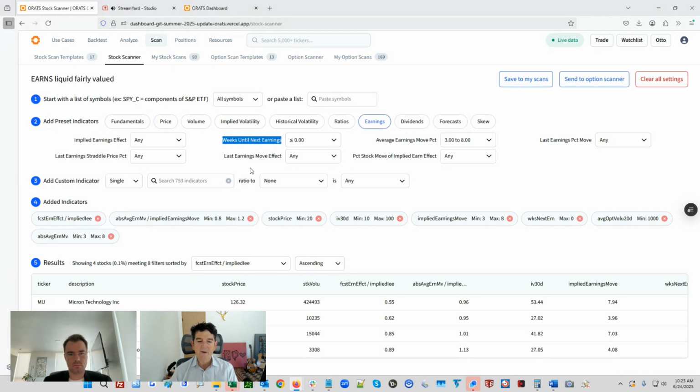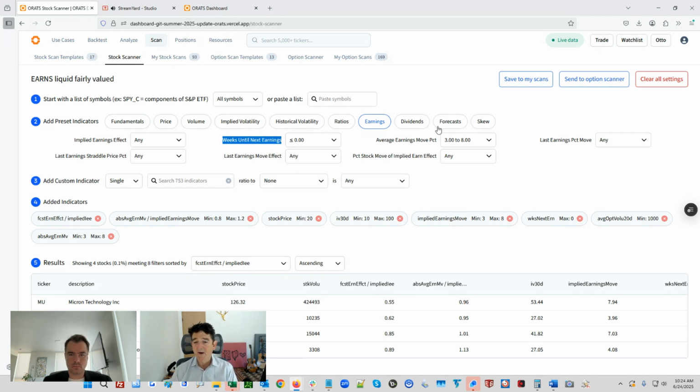So that's one, and then I want a minimum stock price because I'm going to do some calendars. And I don't want a really low priced stock, and I don't want a crazy volatility stock. I want a stock where people focus on the earnings. I don't want a hugely volatile stock for some other reason.